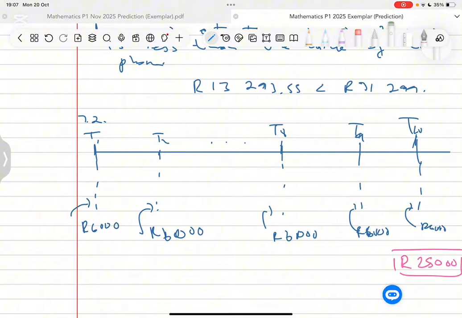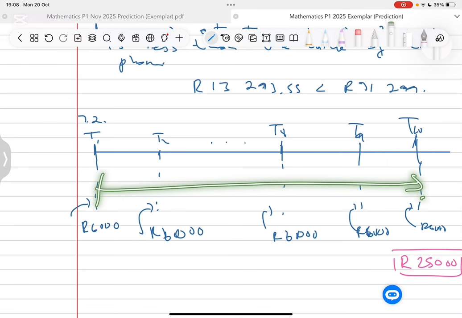Now, it is very important to understand that this will be 9 years, because remember, we stop at the beginning of the 10th year. We don't go to the end of the 10th year. The easiest way to get the number of years in which this money would be in the account is to say 10 minus 1. That should give you a 9. So it means this money has compounded, it has gained interest for a period of 9 years.